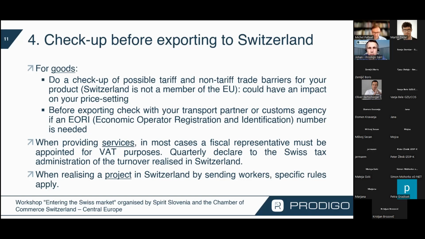So it has to be done by someone who is based in Switzerland. It can be a company or a normal person. So they will declare to the Swiss tax administration the turnover that you are realizing in Switzerland and declare the VAT amount that you need to pay back to the Swiss fiscal authorities.